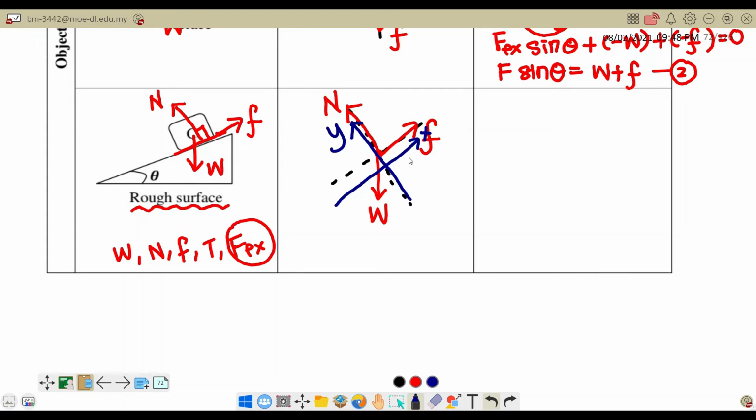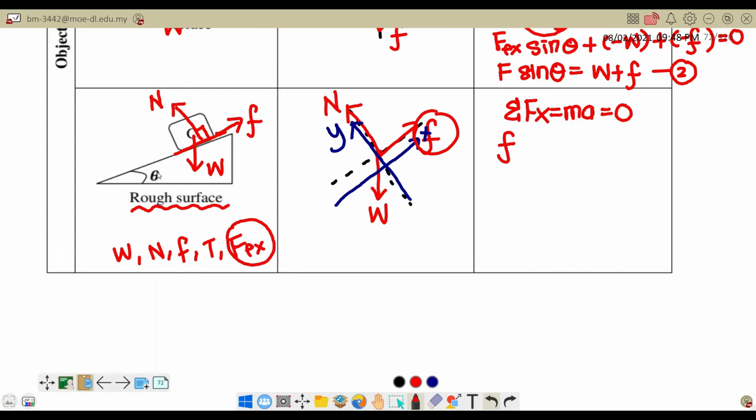So the equation form here is Fx, the resultant of Fx equals ma, and because the question says it's not moving, it equals 0. So in the x component we have frictional force acting upward, and we also have weight.